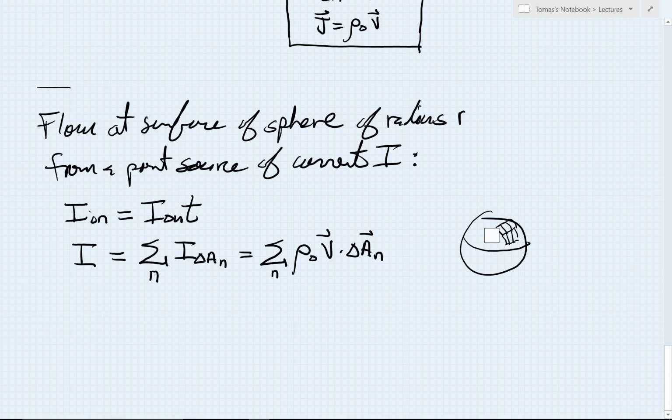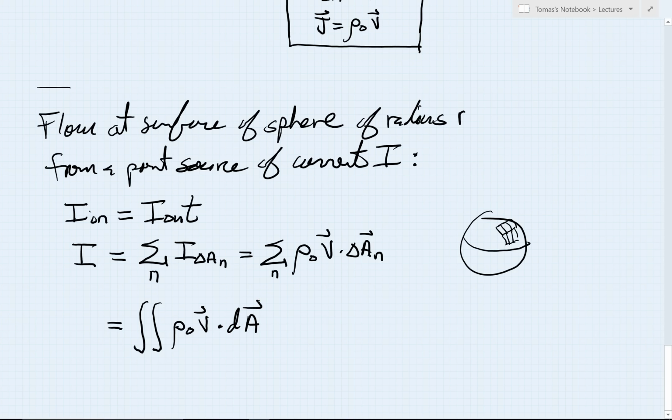Now this summation we should recognize again as we take the limit of many, many tiny patches and add them up. This is going to become an integral. But because we are integrating over a two-dimensional surface, this is going to be a double or surface integral. The quantity we are integrating is rho naught times the velocity, dotted with d area vector.